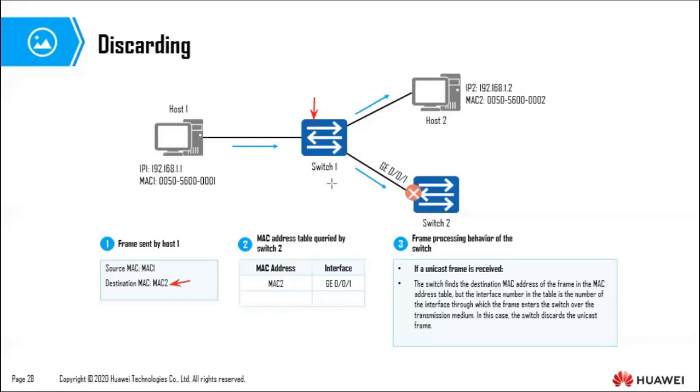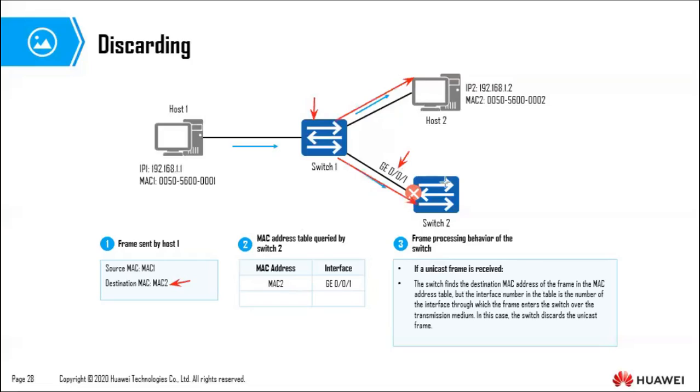I don't have the MAC address of host 2, or MAC 2. I don't have that MAC address. So it floods, right? Are you together? It floods. As it floods, this one goes in through switch 2. It goes into switch 2 through which interface? G001.